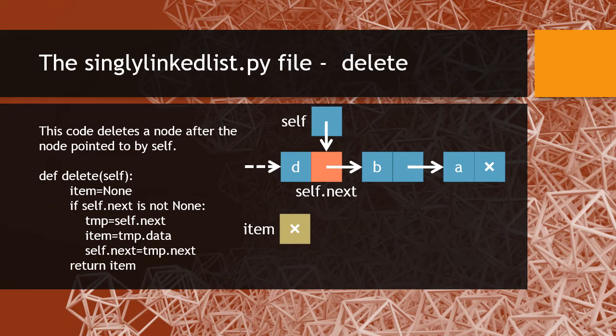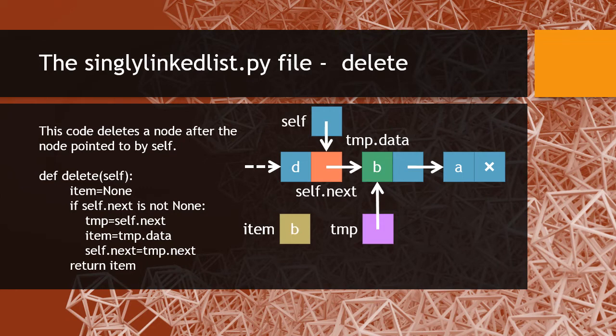This line is trying to say take a new pointer tmp and make it point where self.next is pointing. Self.next is pointing to the node containing B. So tmp should point to the node containing B. Item is tmp.data. What is tmp.data? B. So this should be placed in item.